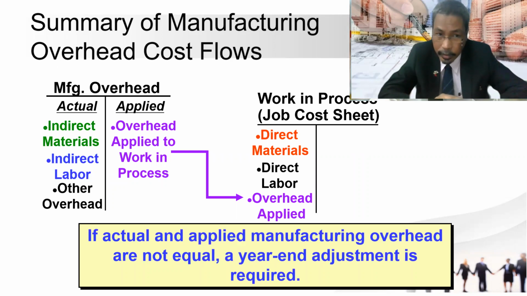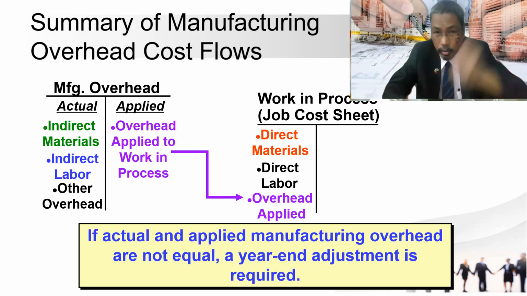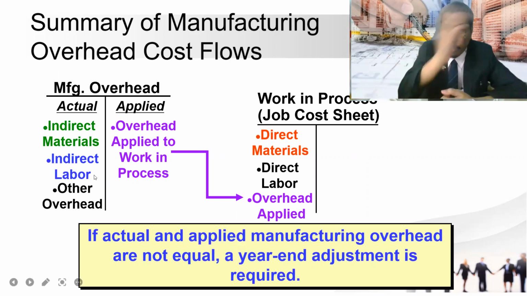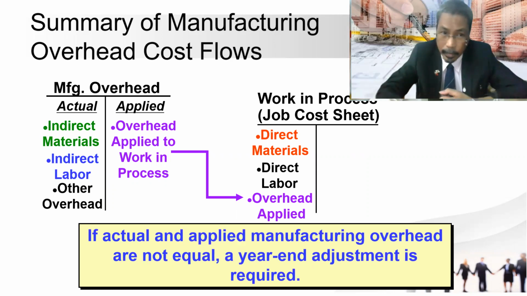And instead of this, you have to also use the amounts. Use the amounts written in our previous example from module 1. For example, indirect materials, 2,500. So put here the 2,500.